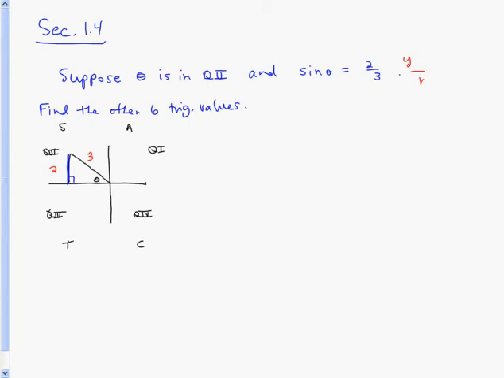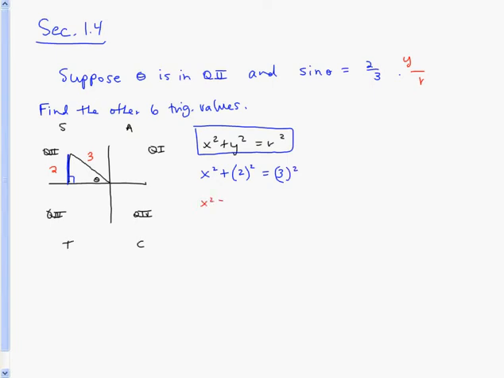So we need to find that other side. Well, x squared plus y squared is equal to the radius squared. This is the old Pythagorean theorem. X squared is what we're looking for right now. Y is 2, the radius is 3.